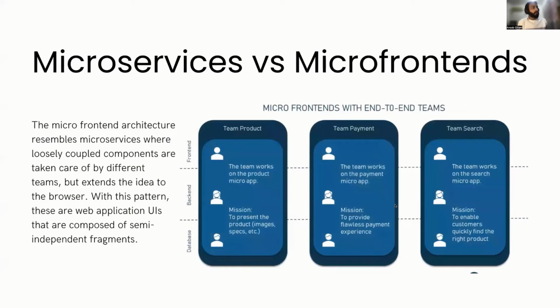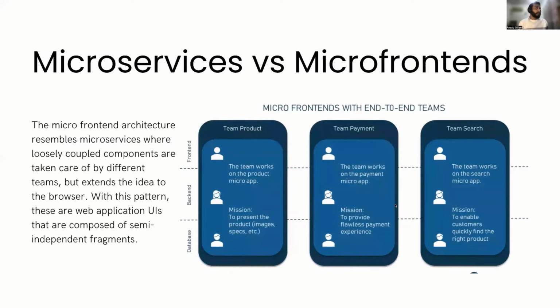Why am I talking about microservices? I mean, this talk is about microfrontends. So microfrontends is essentially a microservices-resembling architecture where each component, each business case, is divided into its own front-end architecture.